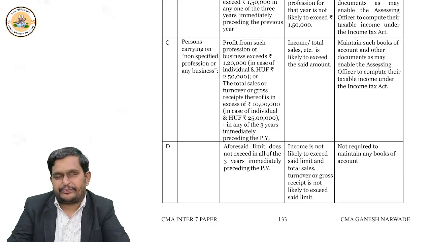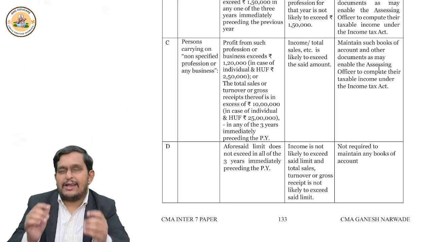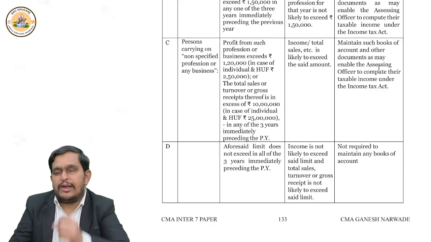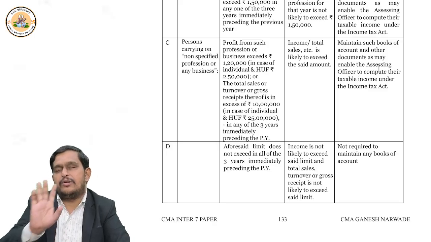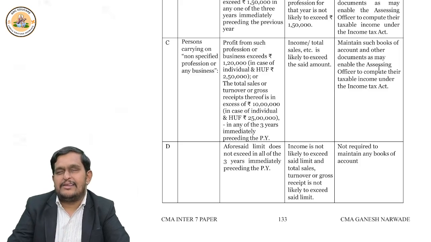If yes, maintain reasonable books of accounts so that the assessing officer can compute your income. But if the answer is no, the limit did not cross that 1,20,000 or 10 lakhs, 1,20,000 for income, 10 lakhs for turnover. It did not cross, sir. In all the 3 years, it was less than that. Okay, then no need to maintain books of accounts itself. Right? This is what C and D say.